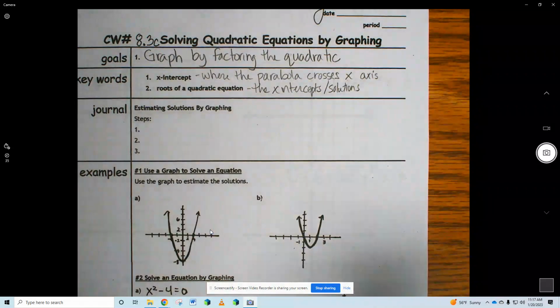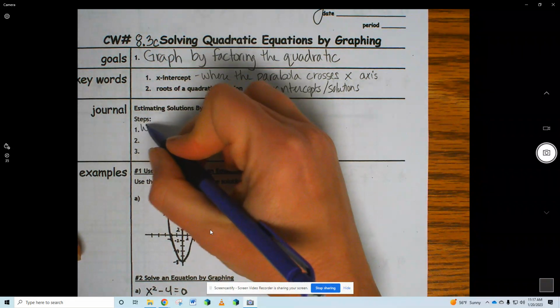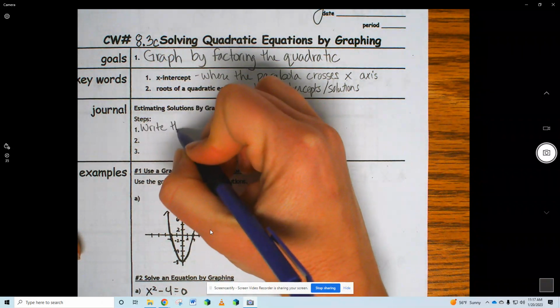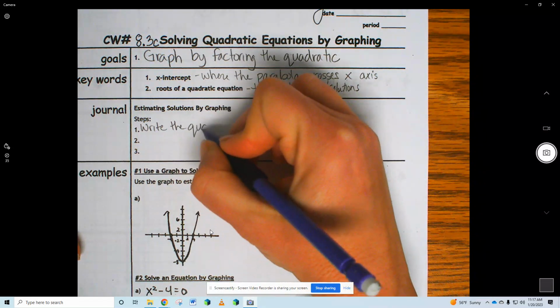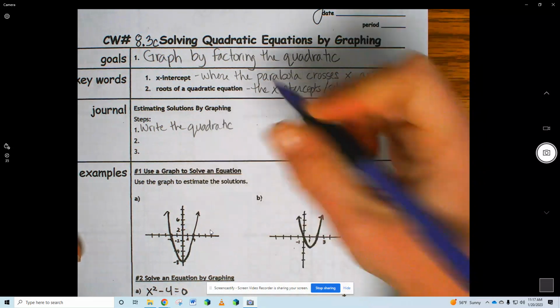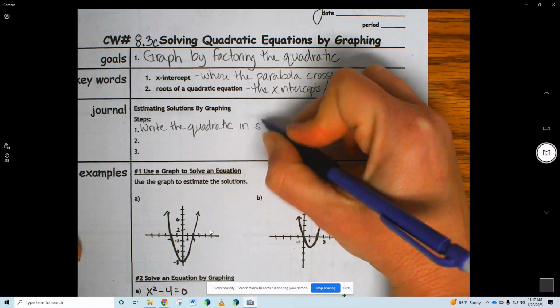So today, our steps. Step number 1, we are going to make sure the equation is in standard form. Write the quadratic in standard form.